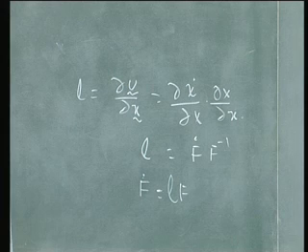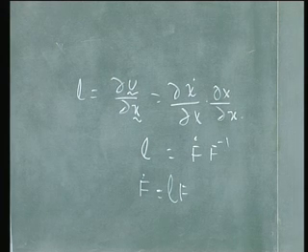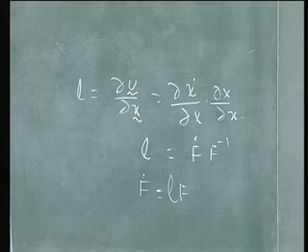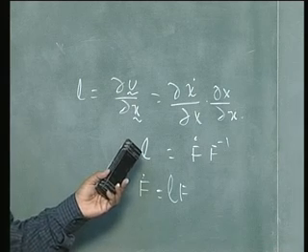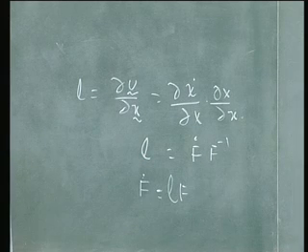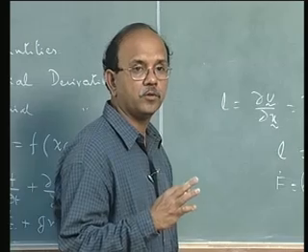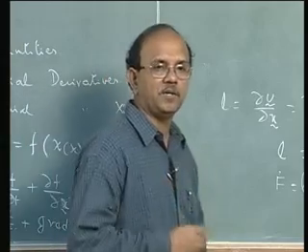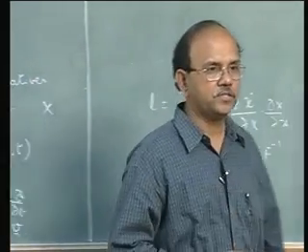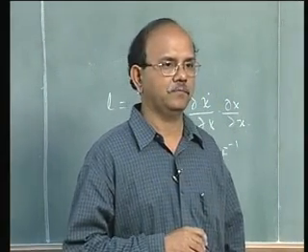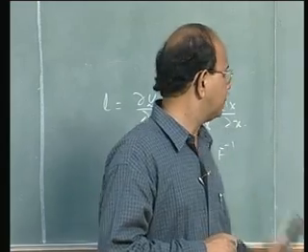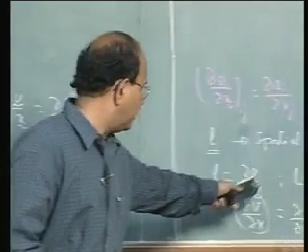Is that clear? Now, this L, our velocity gradient tensor, is a very important quantity. And in fact, this is very similar to your ui comma j, which you would have seen in your earlier classes. Look at what it is: Vi comma j.